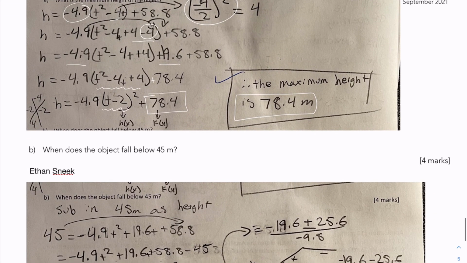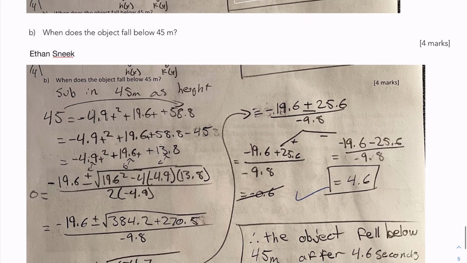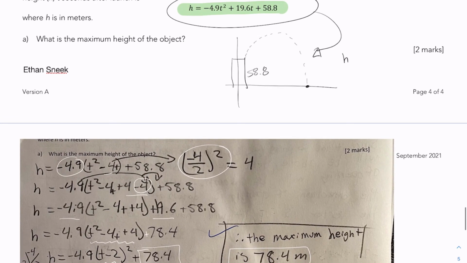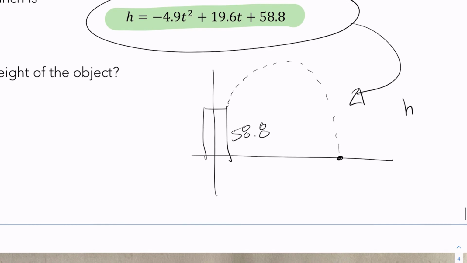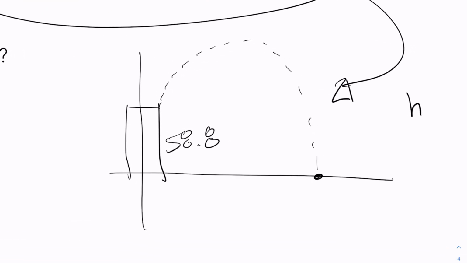Part B asked, when does the object fall below 45 meters? Now, there's no diagram here, so I'm going to draw one quickly. This was a sketch of what we had at the beginning of this word problem. I'll put the y-axis there.